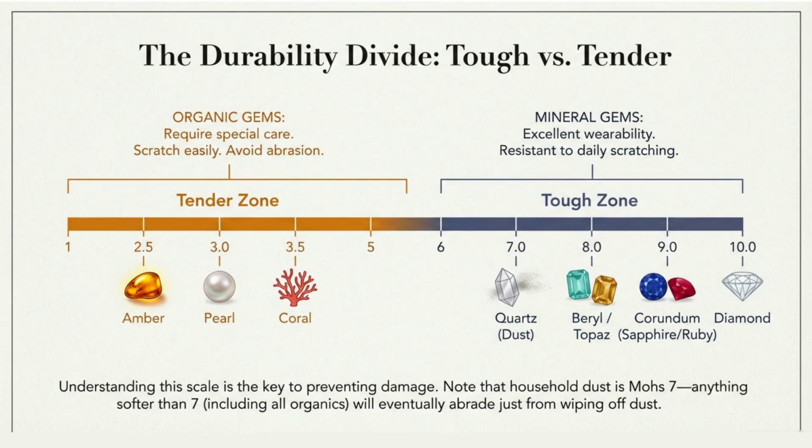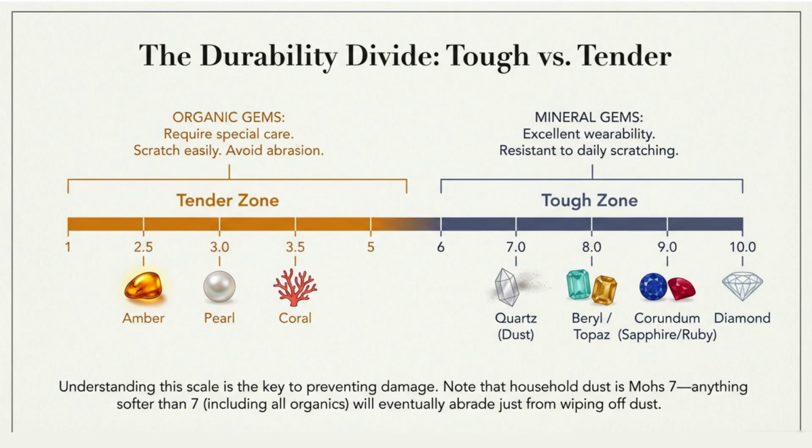This slide draws a bright line in the sand. Organic gems live in the tender zone of hardness. Organic gems hardness range: amber 2.5, pearl 3, coral 3.5.